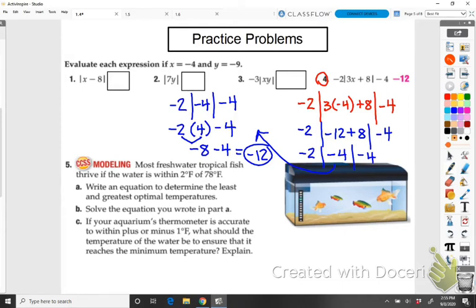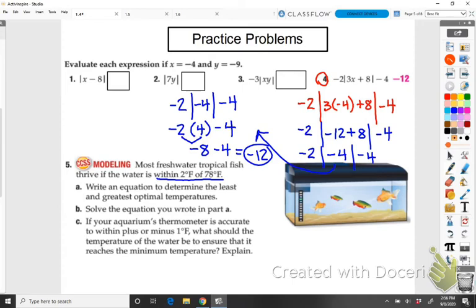Let's just talk about this fish tank question real quick. So most freshwater tropical fish thrive in water that's within 2 degrees of 78 degrees Fahrenheit. So this is like the tennis question. Write an equation to determine the least and greatest optimal temperatures.